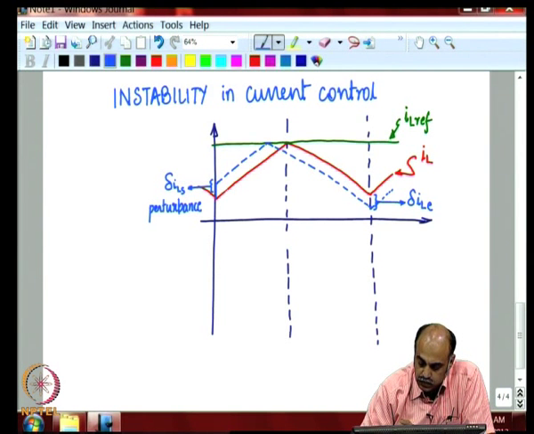So, we know the slope here. Now, let us say this slope is m1.